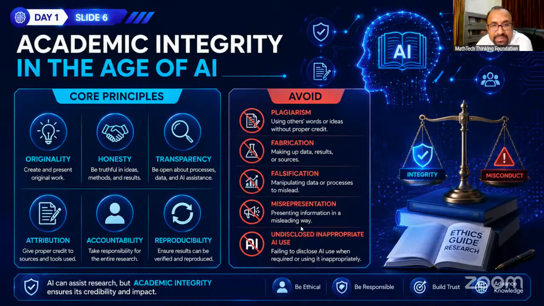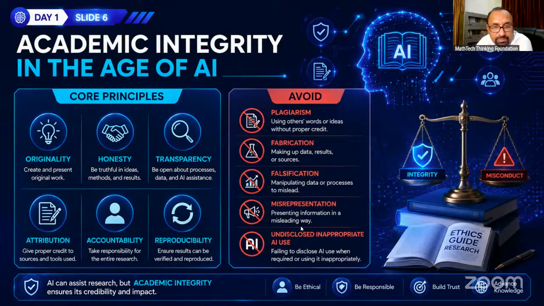Another principle is transparency. If a journal, institution, funding agency, or any other authority requires disclosure of AI use, researchers should comply with that requirement. Ultimately, academic integrity means that our research should be honest, transparent, verifiable, and intellectually responsible.